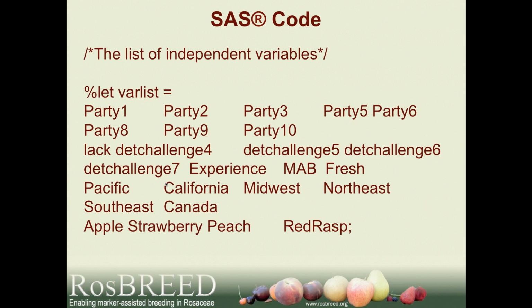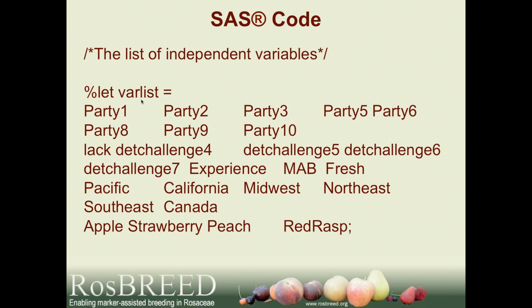Then we use a SAS macro variable named var list to represent all the independent variables we have. We have so many variables, so we use this var list to represent all these variables.